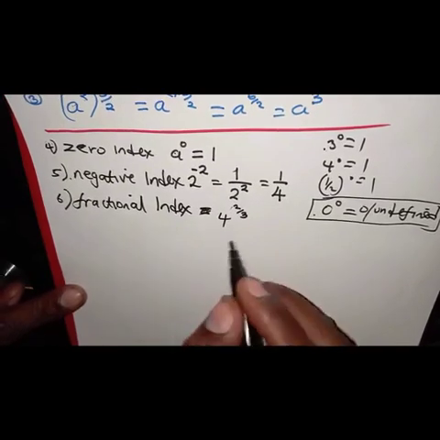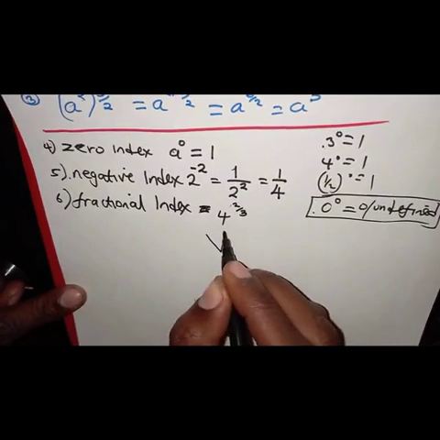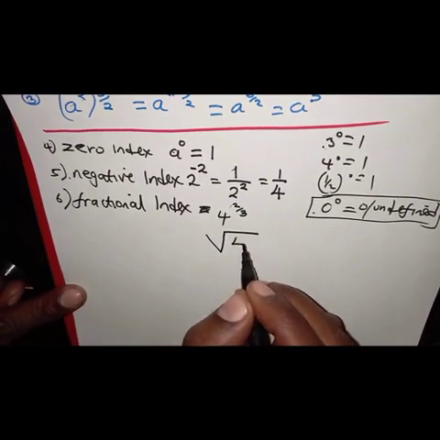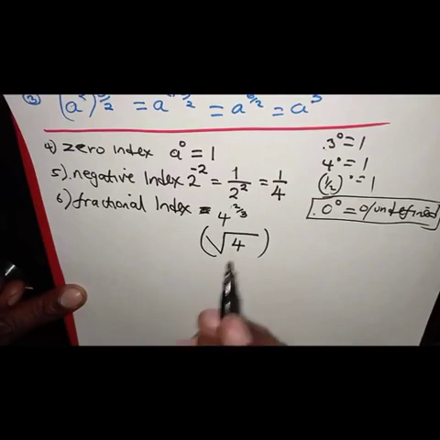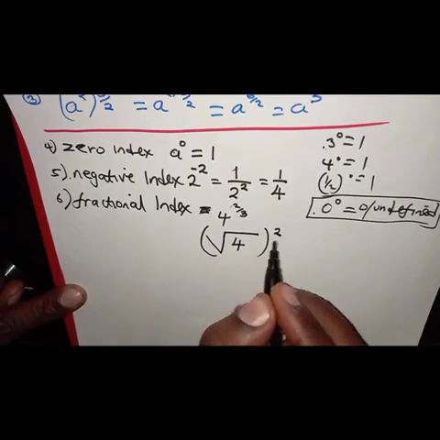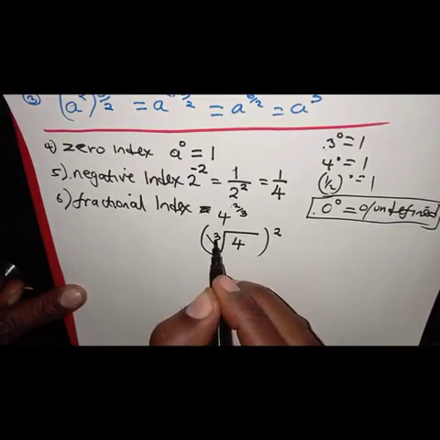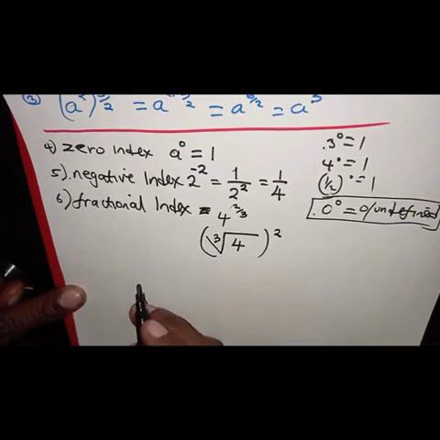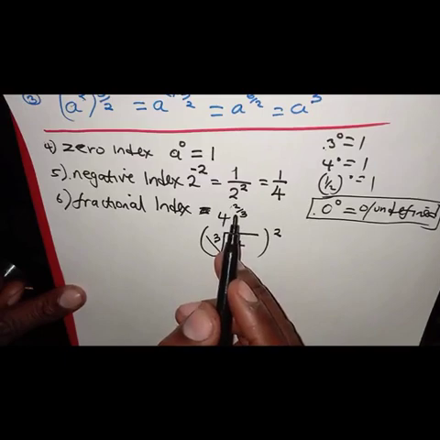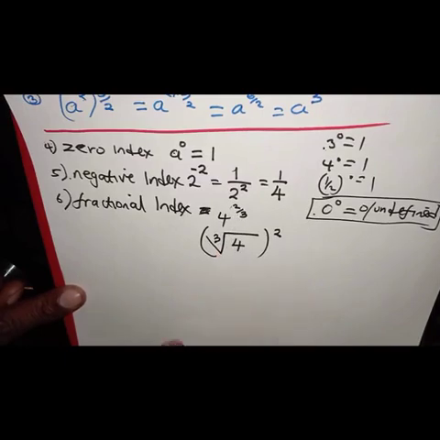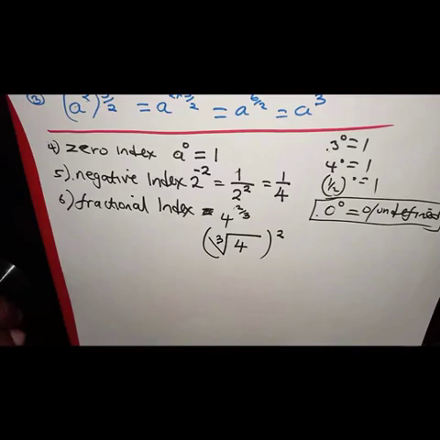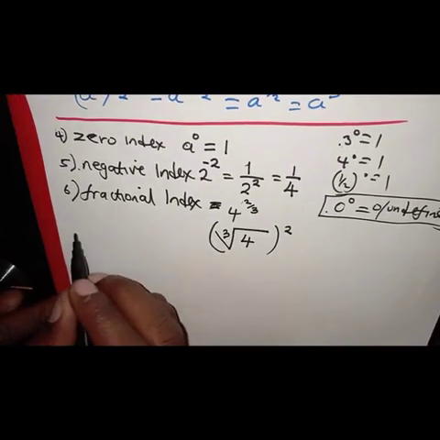So what you do, you introduce the root, this base, write it inside, and then you write brackets. The numerator here, write it as a power. The denominator, write it as the root. That's what you do when you have the power which is in a fraction form. So this is what you're supposed to do.